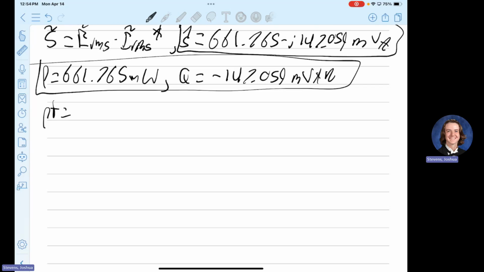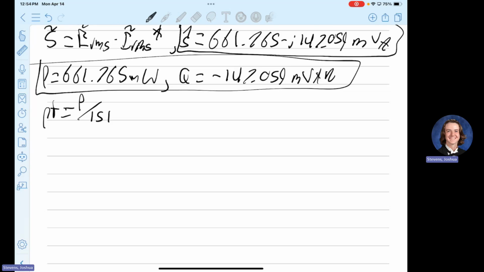You could do that, but I don't really want to personally because I'm already in rectangular. So here's another form of power factor: real power over the magnitude of our complex power. That is a legit formula.